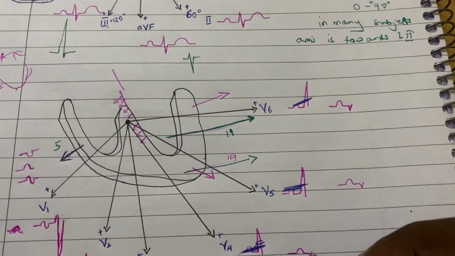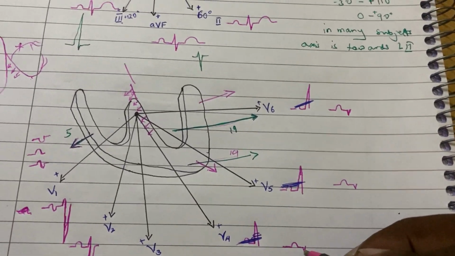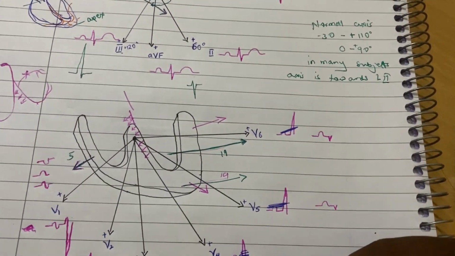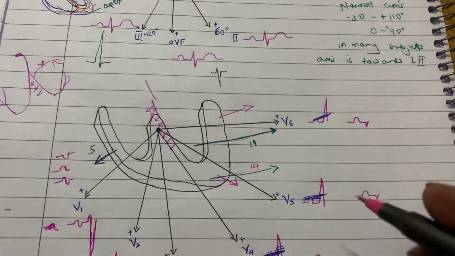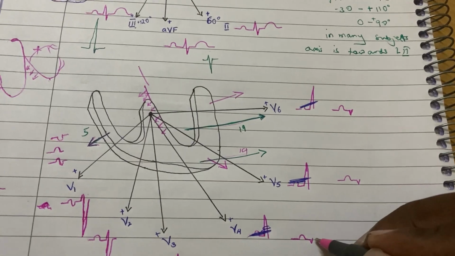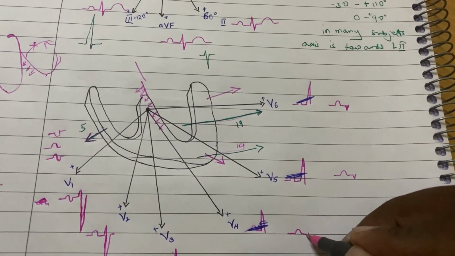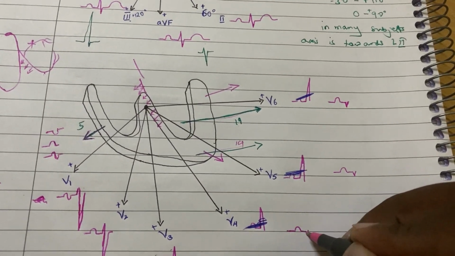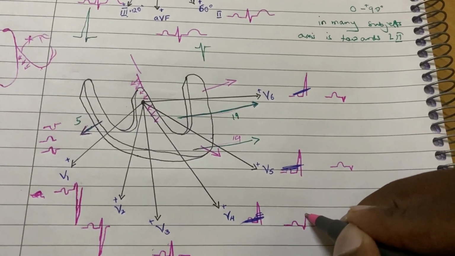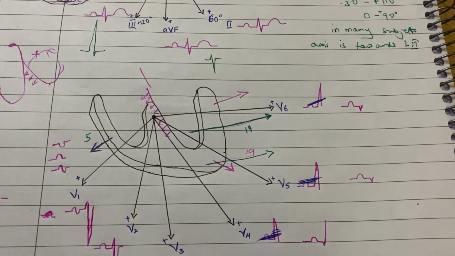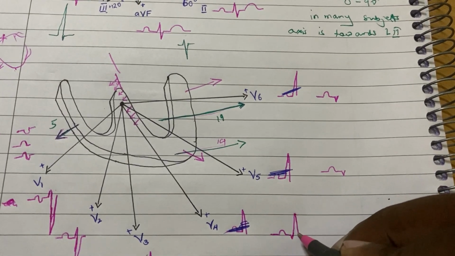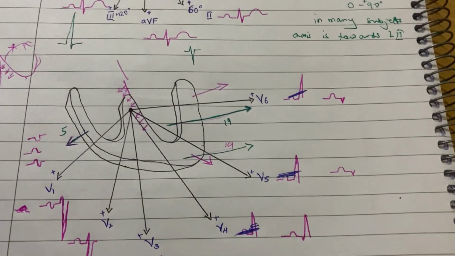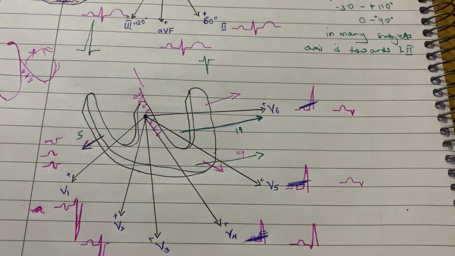And then V3, V4, septal, purely septal, very small. And then this net is moving almost towards the positive electrode of V4. So it is taller than this one. It is like that.